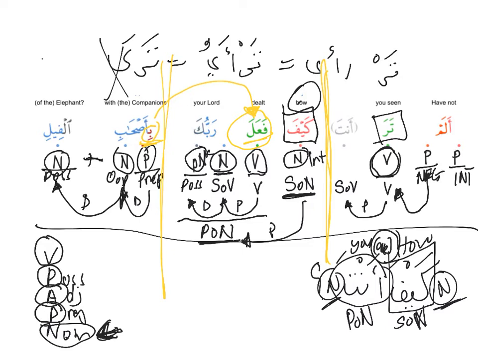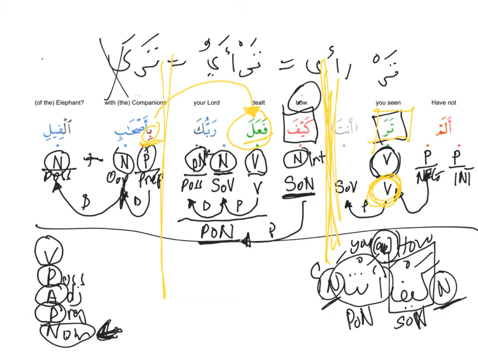Now what about this gap here? How do you do this? Basically, look at the verb here. This verb means see, so it must have an object, right? You see something. Since we do not have the object of the verb, let's find one.